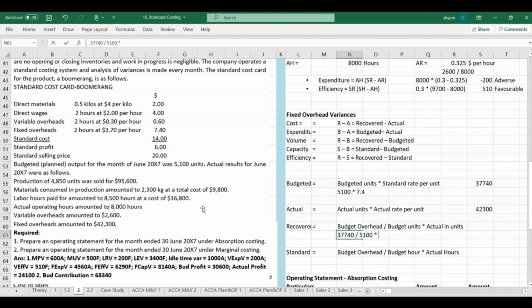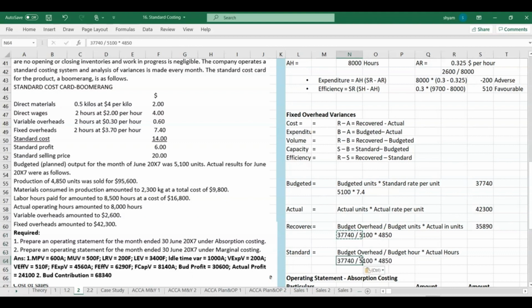So actual units is 4,850. So again we get a cost. The next one is budgeted overhead divided by budgeted hours into actual hours. So we'll just copy this.